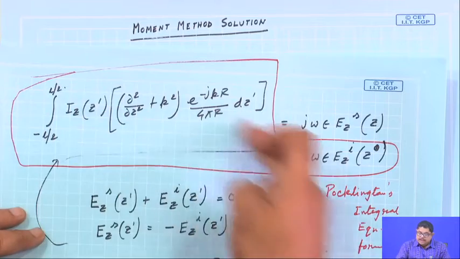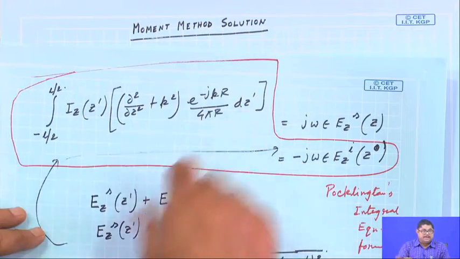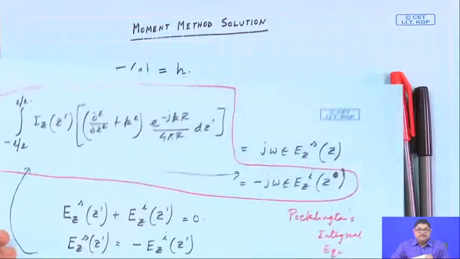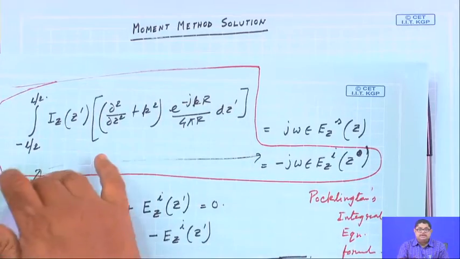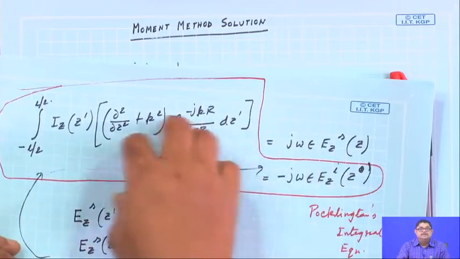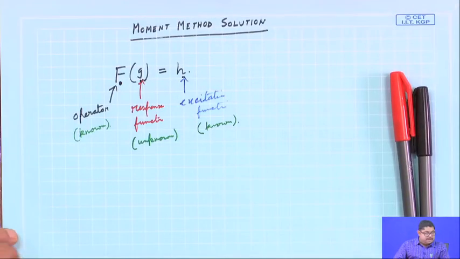Or I will have to invert this, I will take I z dash is equal to something. Now, I cannot write that by some operation here, either by differentiation or integration, or multiplying it with something, it is not so easy to write it. That is why we are solving this numerically.